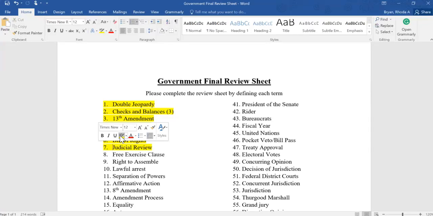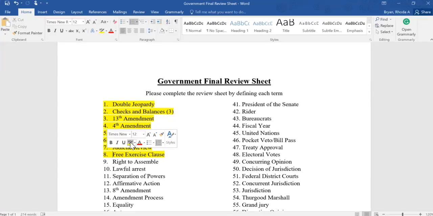But this particular question is what it is. Judicial review is when the courts determine that government actions are unconstitutional. It could be a president, it could be Congress, but judicial review is when they find government actions unconstitutional.